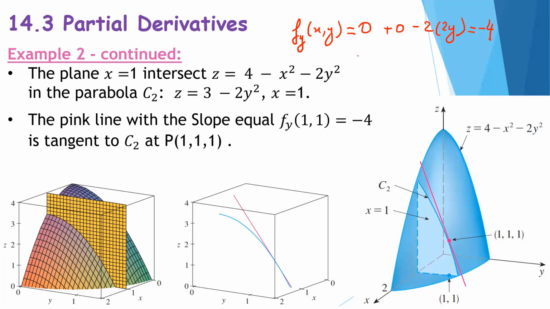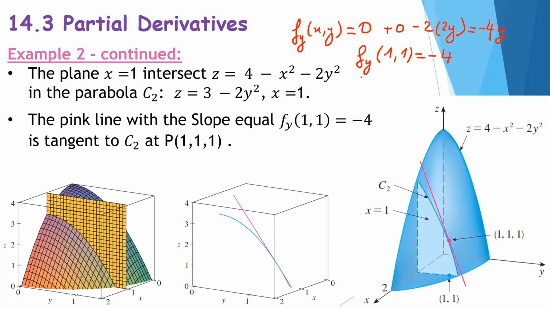Fy at the point (1, 1) is negative 4. This is the value of the partial derivative Fy at (1, 1).